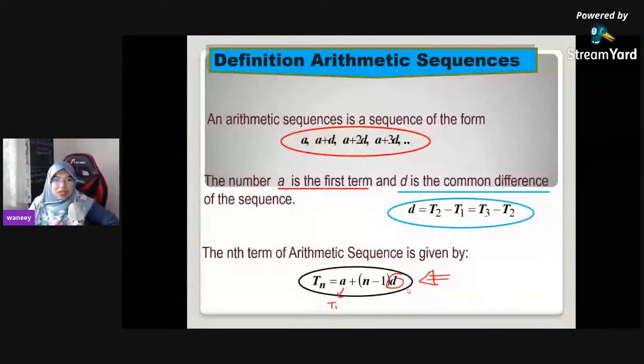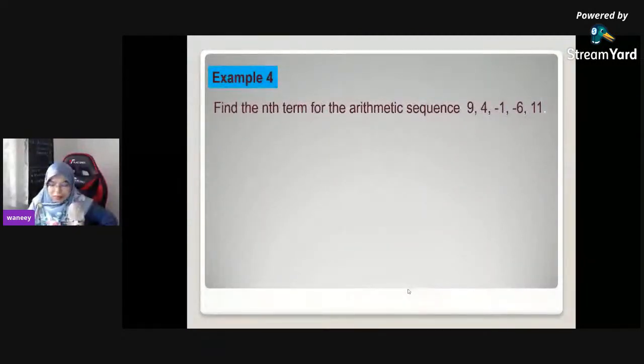Okay, so now let us try one example. Find the nth term for the arithmetic sequence 9, 4, negative 1, negative 6, and the last one is supposed to be negative 11. Firstly, let us check what the first term is.